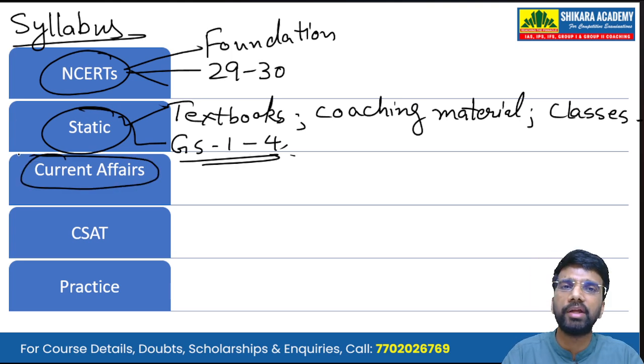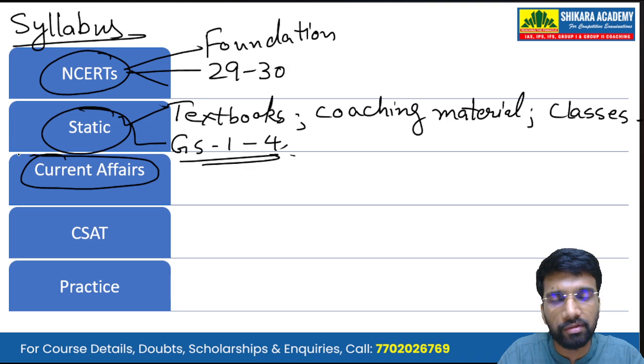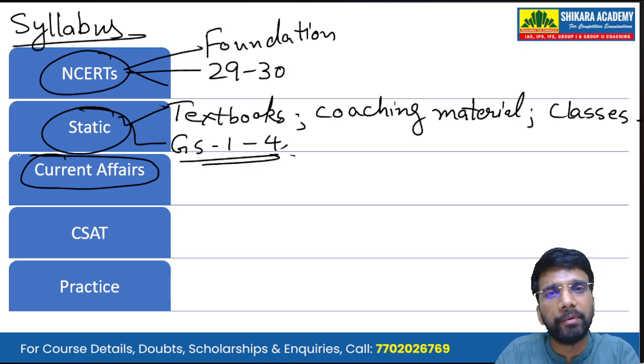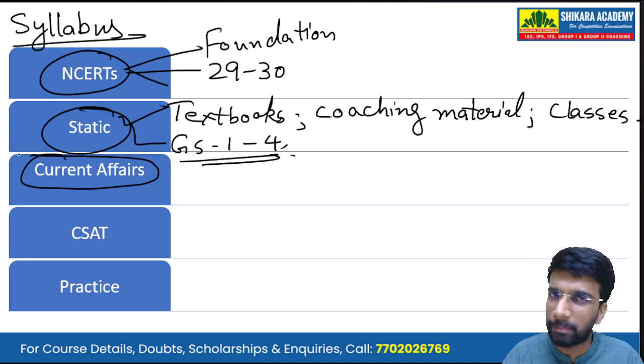The paper is getting more and more dynamic with the coming years, especially the prelims paper as well as GS2 and GS3. These are heavy current affairs oriented papers, and you cannot take current affairs lightly.